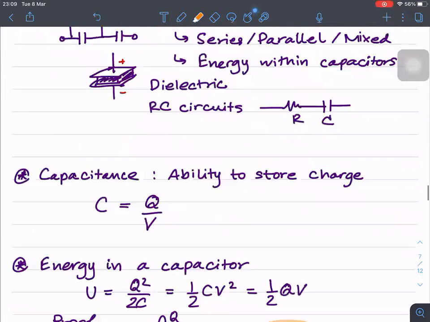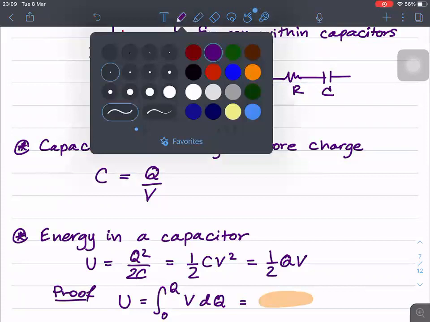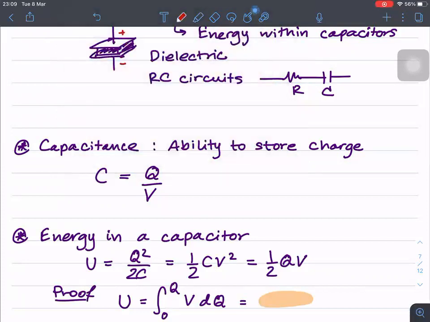Okay, so we start with the definition of the capacitance. The capacitance is defined by the ability to store charge. From this equation, V would be the voltage difference, or we can say the potential difference between, let's say, two metal plates.